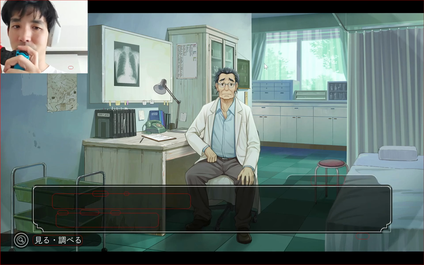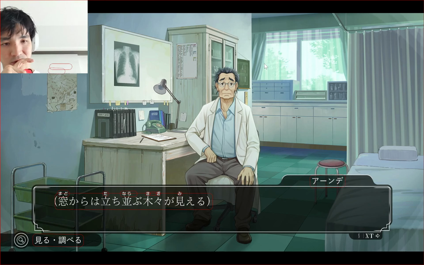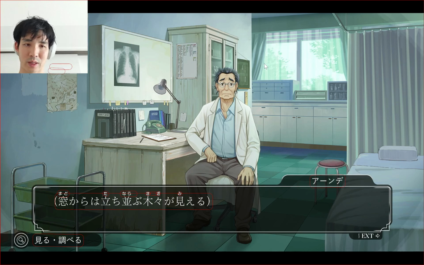There's a window. 窓からは立ち並ぶ木々が見える。From the window, tachinarabu, lined up trees, kigi ga mieru. Mieru is the potential form, like you could potentially do it.